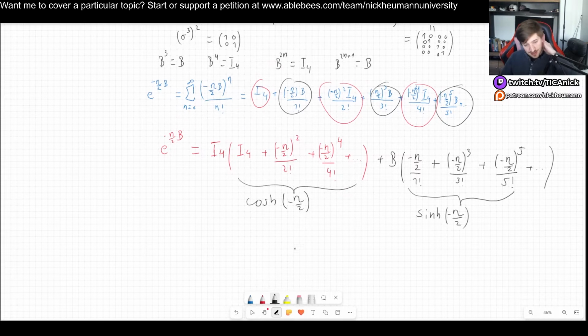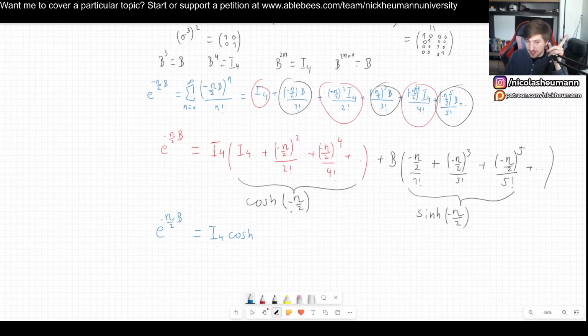So with that in mind, let's rewrite the exponential here. So e to the minus eta over 2 times b. This is going to be the 4 by 4 identity times the hyperbolic cosine of minus eta over 2. But the hyperbolic cosine is even, right? So that minus sign is completely irrelevant.